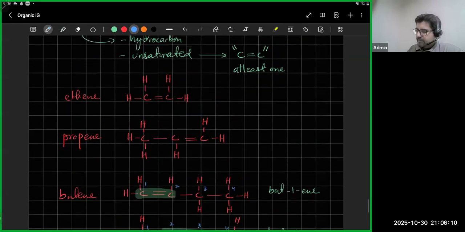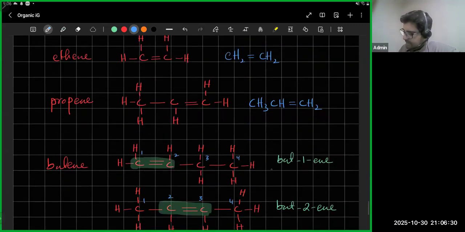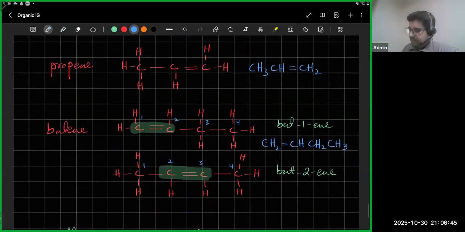We didn't do the condensed version of this, so I'm going to do it. This is basically CH2, double bond, CH2. The first carbon has 3 H's, the second carbon has just 1 H, and then you have a double bond, and then a carbon with 2 H's. So how do I write this one? The first carbon has 2 H's, then a double bond, then a second carbon which has 1 H, then a carbon with 2 H's, and then a carbon with 3 H's.